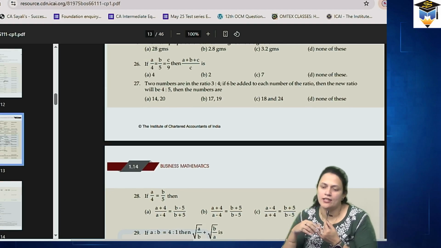Two numbers are in the ratio 3:4. If 6 be added to each of the numbers, then the new ratio is 4:5. So 3k plus 6 upon 4k plus 6 is equal to 4 upon 5.